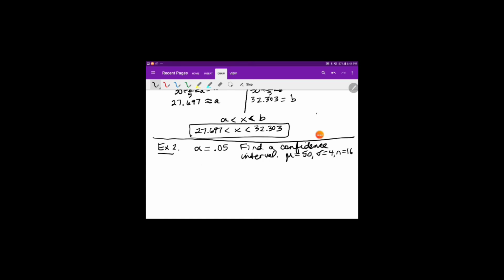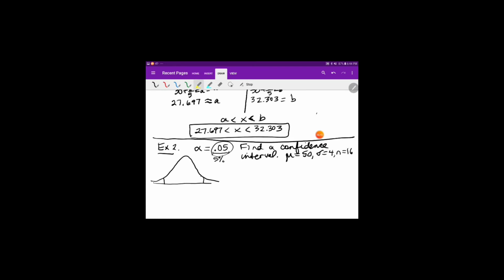Okay, so there's two numbers. There's alpha, and then there's also the middle percentage. The 0.05 is like 5%. So that 5%, when they say that as an alpha value, is the amount that's in the two tails.